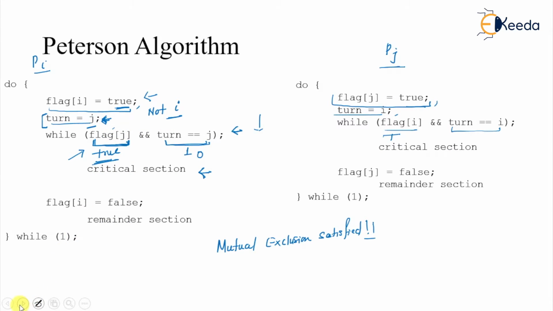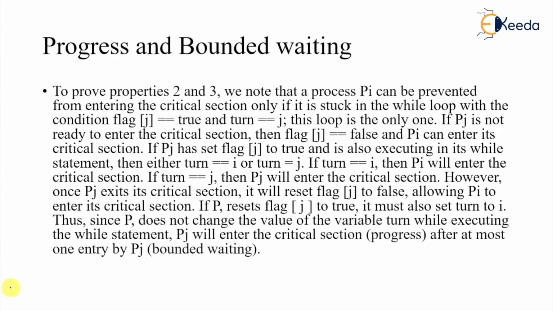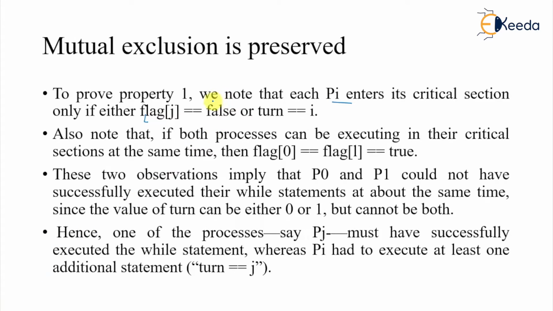So turn takes one of the two values, and this gives mutual exclusion. I already told you that it will provide mutual exclusion. Note that pi enters the critical section only when flag j is false or turn is equal to i.